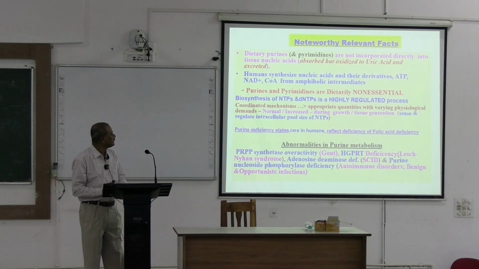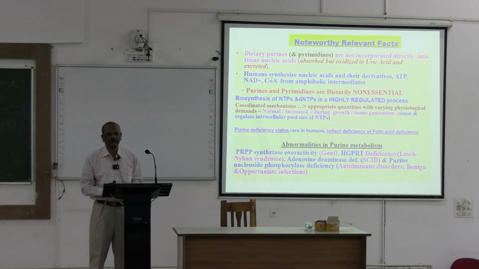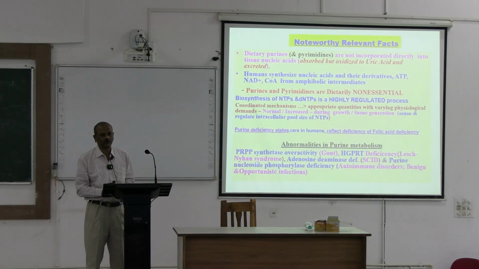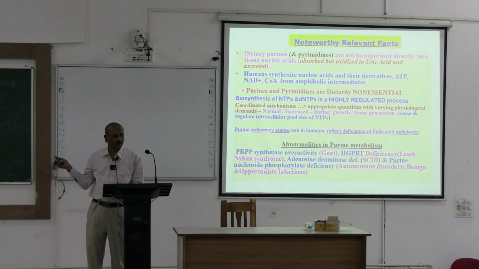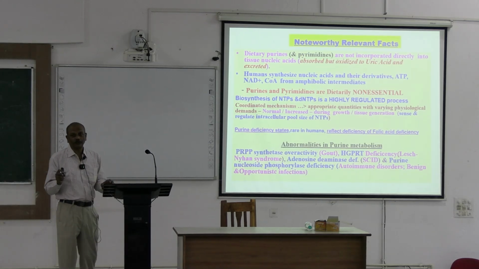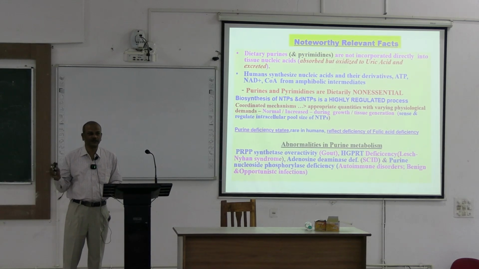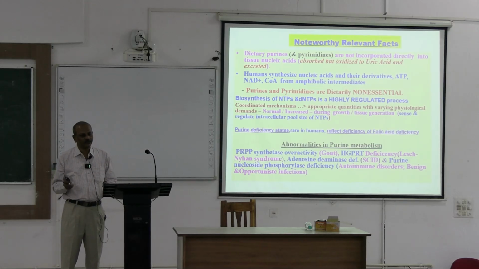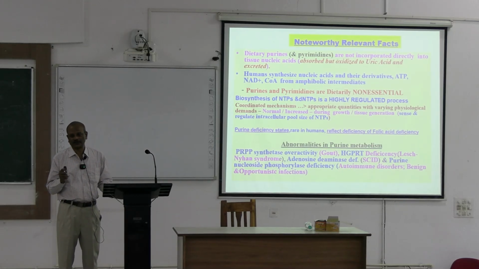So the body degrades them into uric acid, mainly in the liver. Main synthesis occurs de novo, what I have explained. So since this is synthesized maximally by the de novo pathway, it is dietarily non-essential.